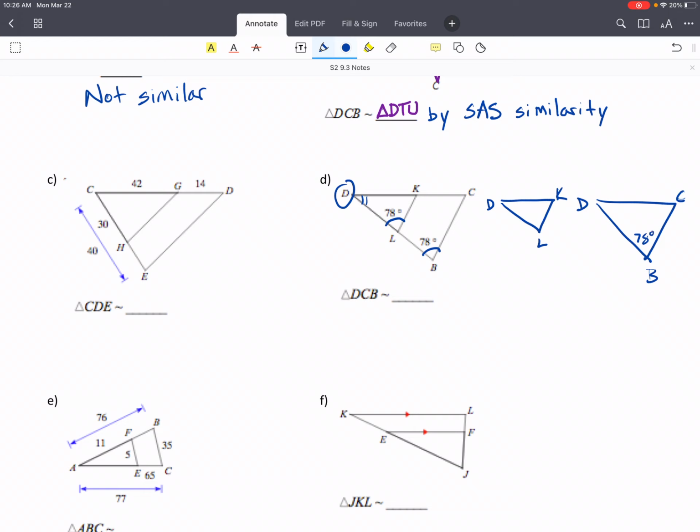We already know that these are both 78. Well, angle D has to be congruent to itself. So there we go, I have my two angles. So DCB is going to be similar to triangle DKL. Angle similarity.